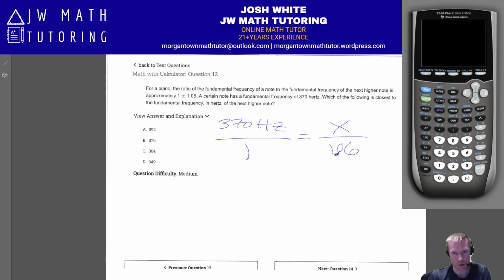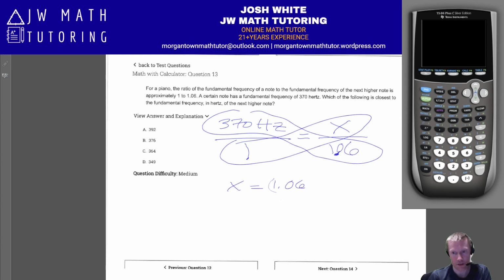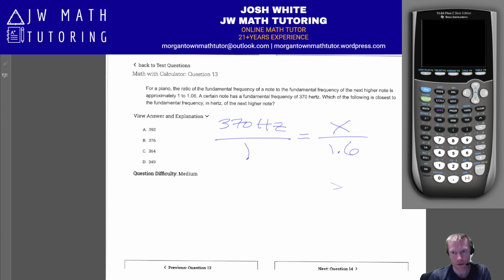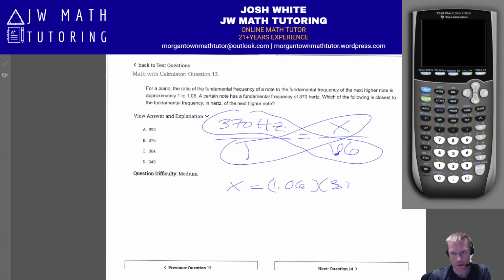1.06, not 1.6. So all you're going to end up doing when you cross multiply here is you're just going to end up multiplying this 370 times 1.06. And then when you do that, it's going to come out to 392.2.